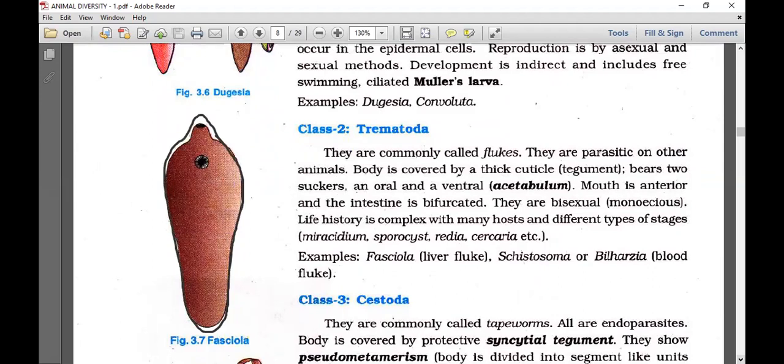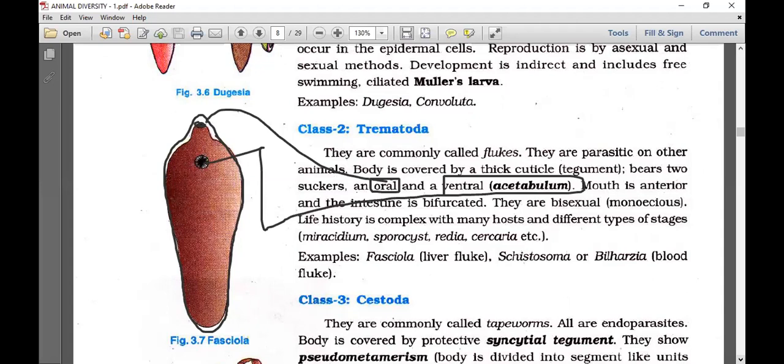Next, two suckers are present. One is the oral sucker, here it is, and the other is the ventral sucker or acetabulum. You'll find it here. This is the ventral sucker. So that is where the two suckers are. Next, the mouth is anterior.